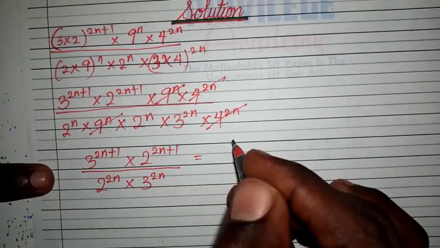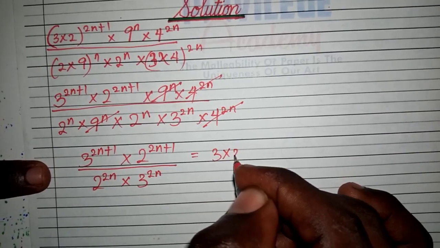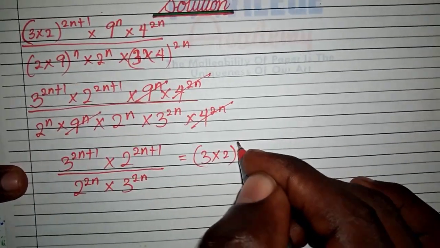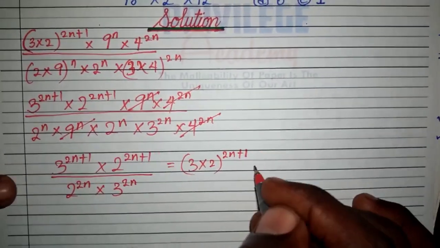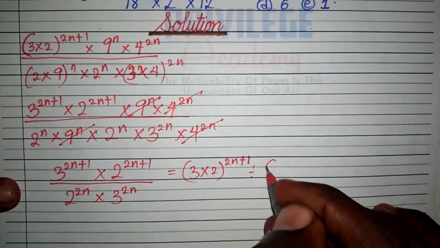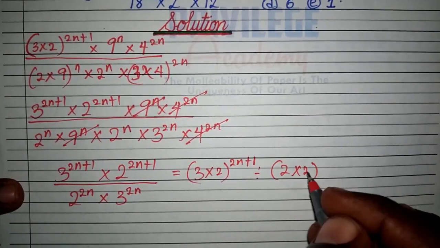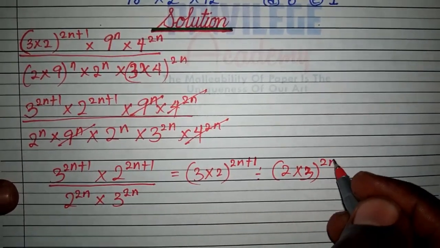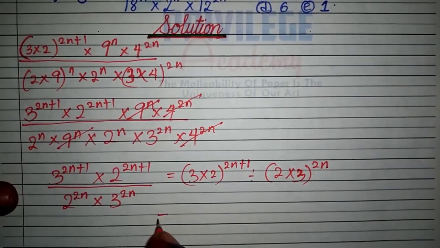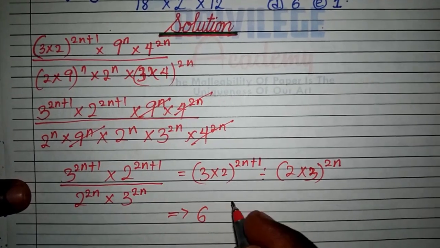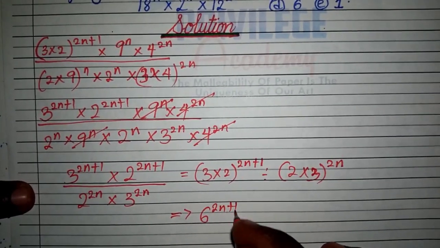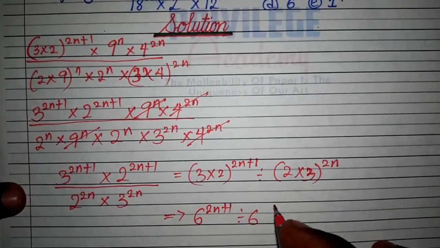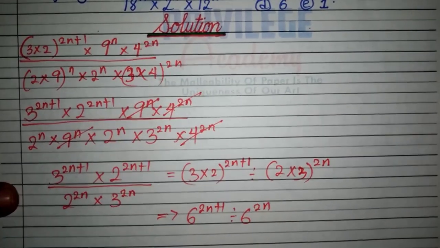So this can be written as 3 times 2 to the power of 2n plus 1 divided by 2 times 3 rather, to the power of 2n. So this should be 6 to the power of 2n plus 1 divided by 6 to the power of 2n.